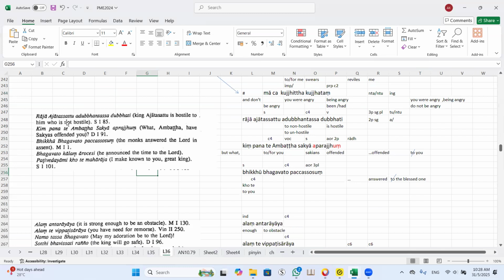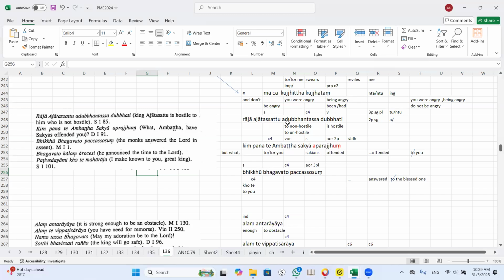So the next line, Raja Ajata Satu. Raja Ajata Satu, apparently, I think he is a son of King Bimbisara. So here it says, okay, all right. Can you see the one here is, okay, non-hostile.